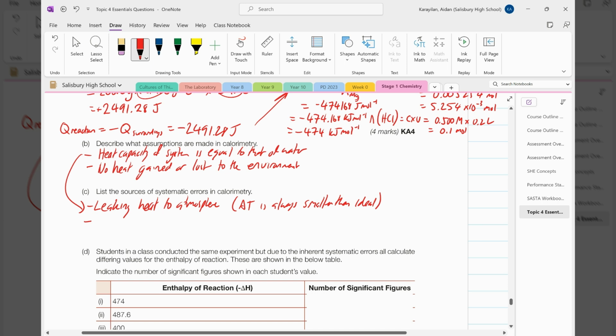And the heat capacity of the system is less than that of pure water. That's because most substances have a heat capacity lower than water, which means that they're going to change the overall heat capacity to a lower value. So that means the temperature is going to probably go up a little bit higher. Maybe the other way around. So we've got some extra things that are absorbing some energy, but either way, it's going to have an effect.